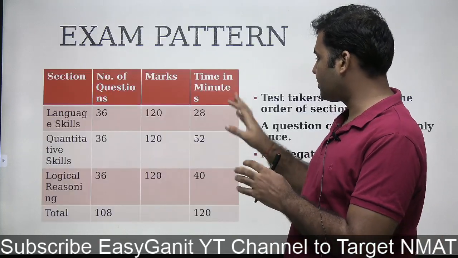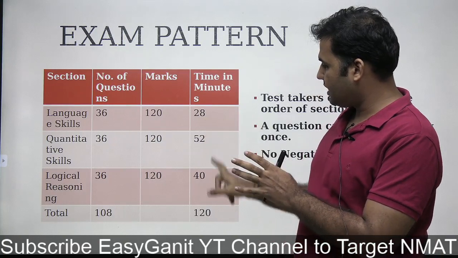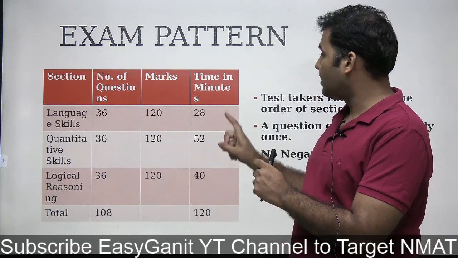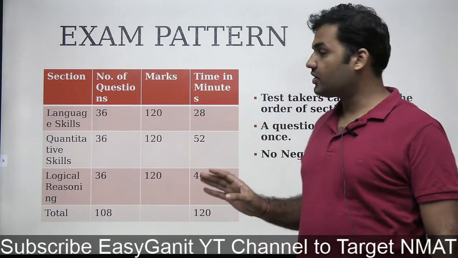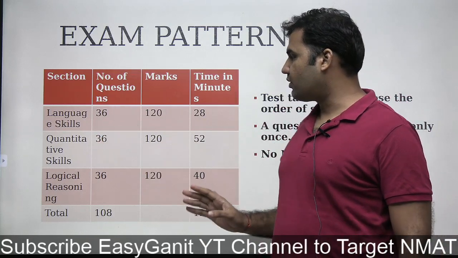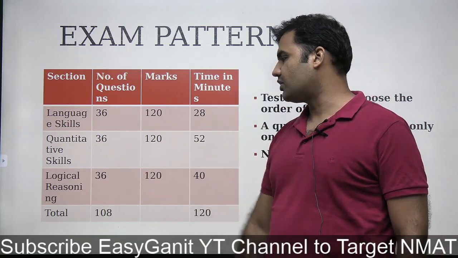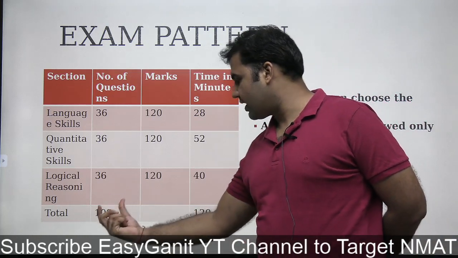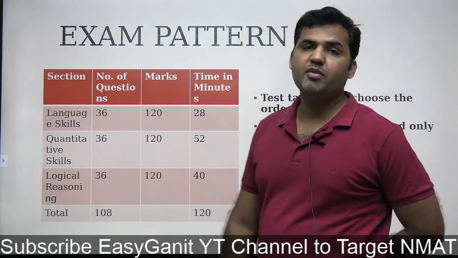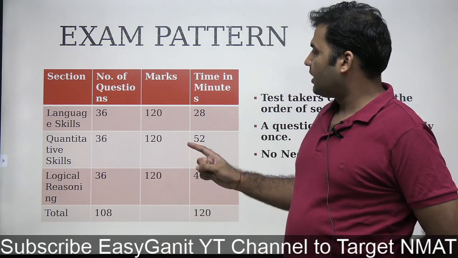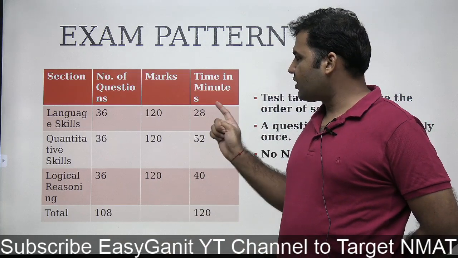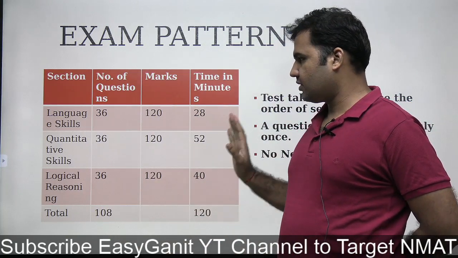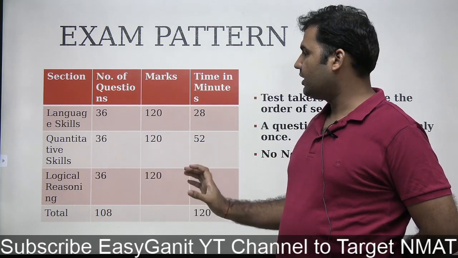So you'll have to spend the time accordingly: 28 minutes for language skills, 52 minutes for quantitative skills, 40 minutes for logical reasoning skills. The total number of questions would be 108 and the total time would be 120 minutes. We'll talk about how you should target the marks.